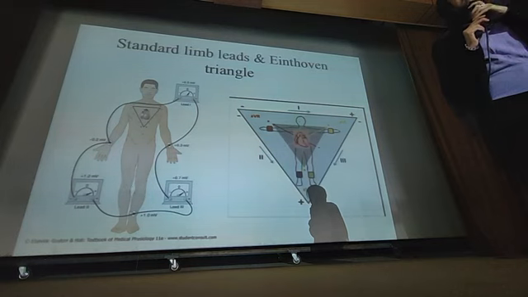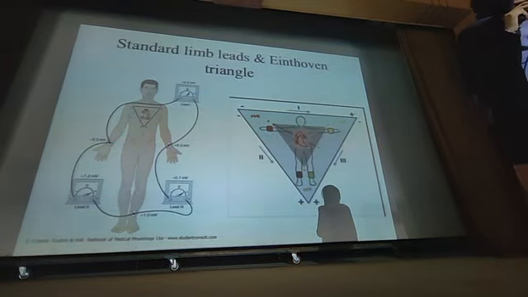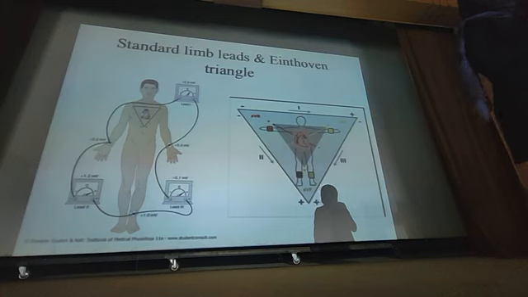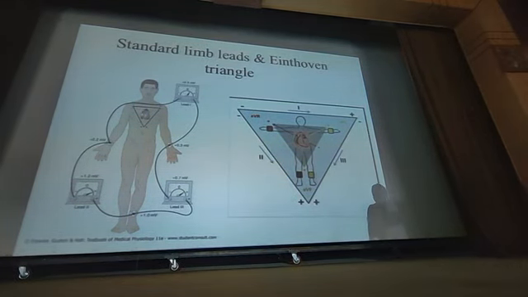Because it has the same direction as the cardiac axis. The cardiac axis goes downward and toward the left, and the direction of lead 2 is also downward and toward the left. Okay?